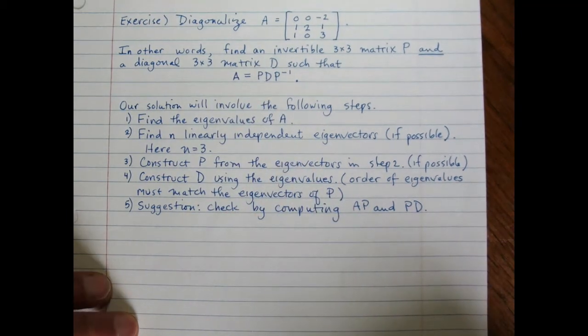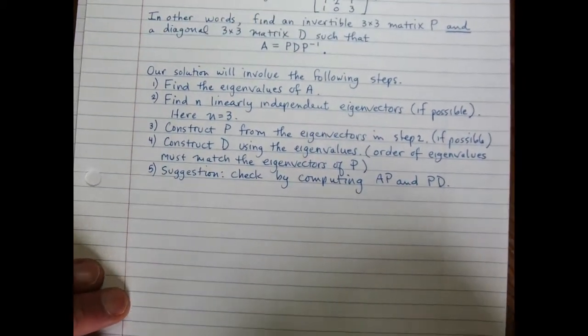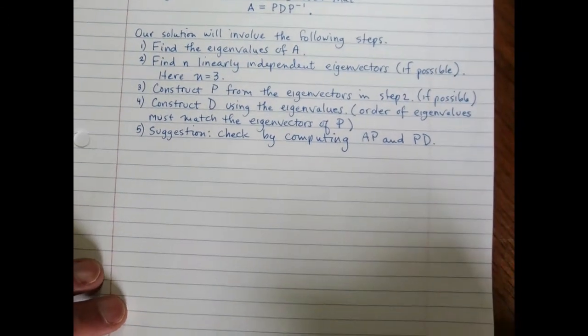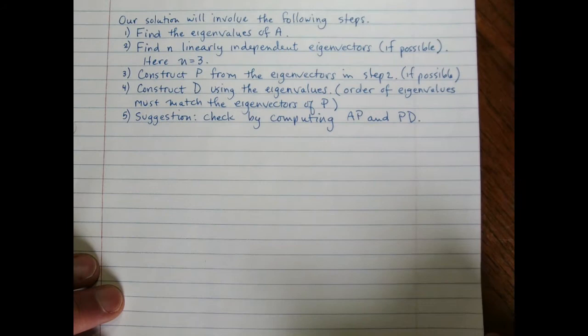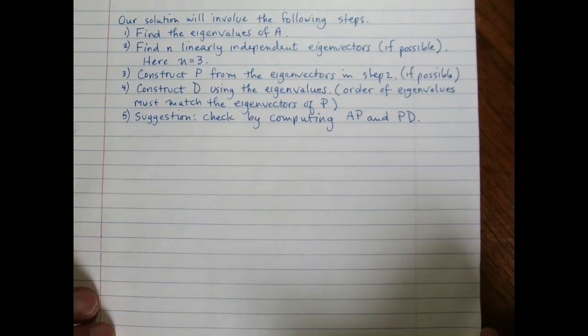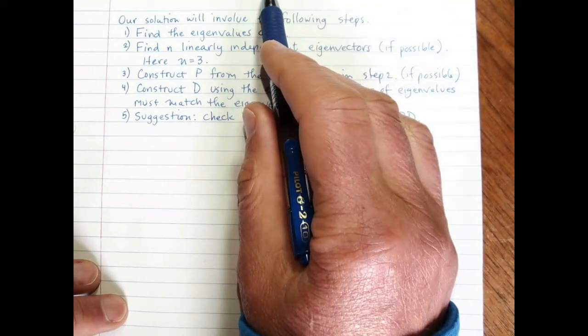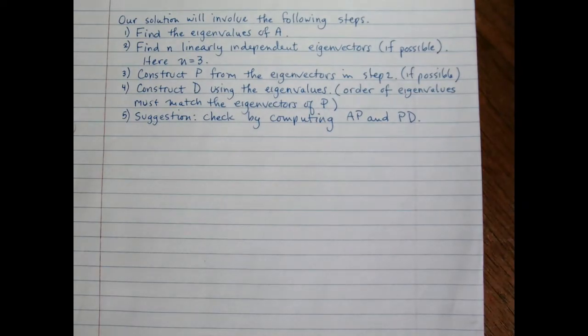And our solution is outlined here right on the handout. This is the process we're going to go through. Finding the eigenvalues and finding linearly independent eigenvectors is going to be the key to describing both the diagonal matrix D and the matrix P. So let's go ahead and plunge into these steps.